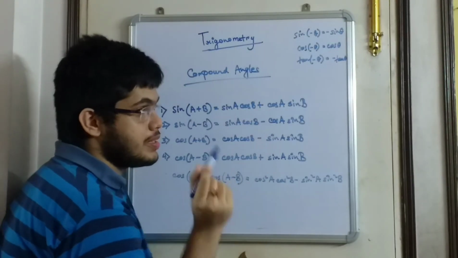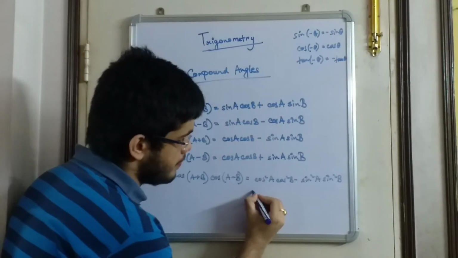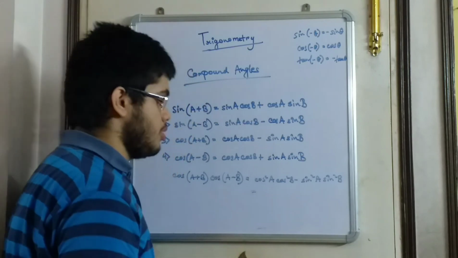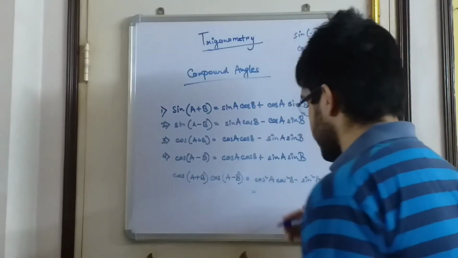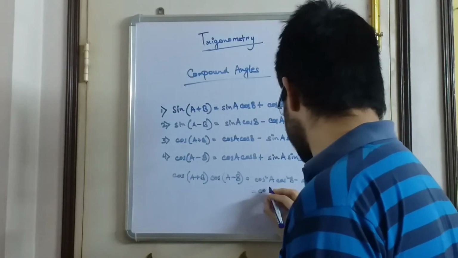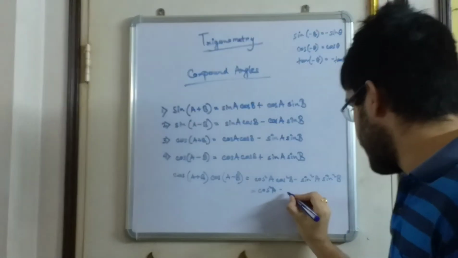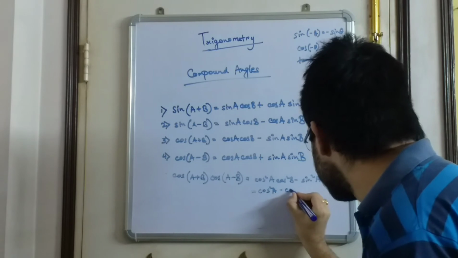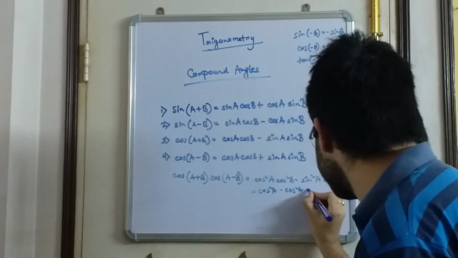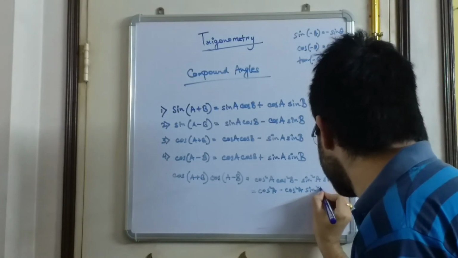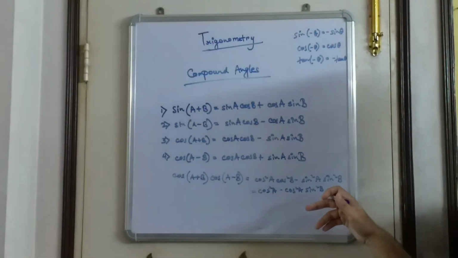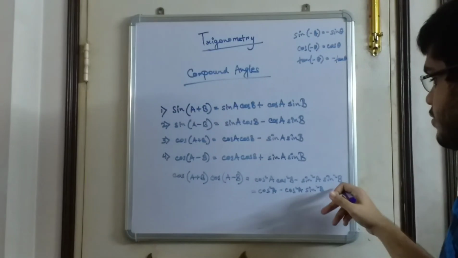Let me take cos squared b is equal to 1 minus sine squared b. So that will give me cos squared a minus cos squared a sine squared b. Okay, and since we have got sine squared b here, we can't remove it from here.